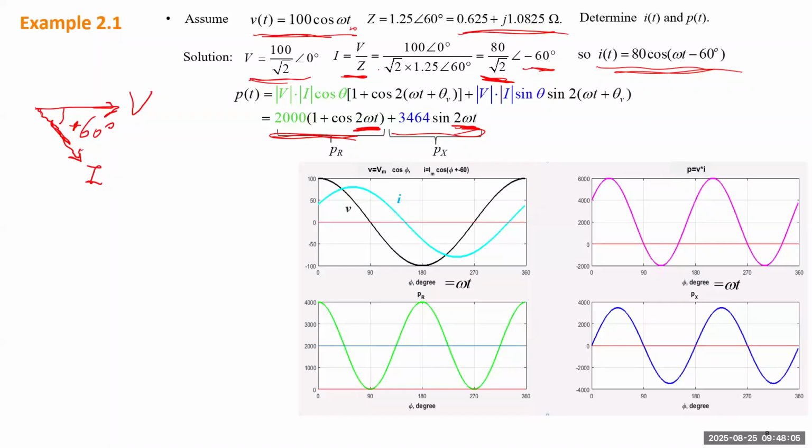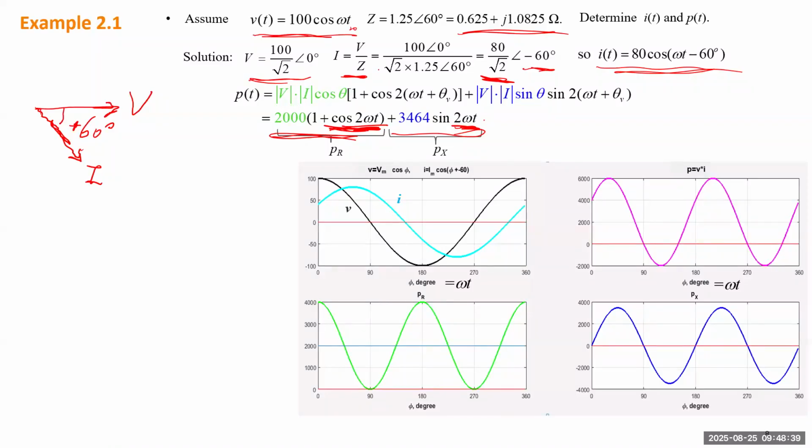PR will be also like sinusoidal waveform at twice of the frequency, which means you finish two cycles within the one cycle of voltage or current, and the entire waveform is above 0. Okay, it's non-negative, because the cosine function will be changing from -1 to +1. Then you add the +1, so this entire waveform will be above 0.